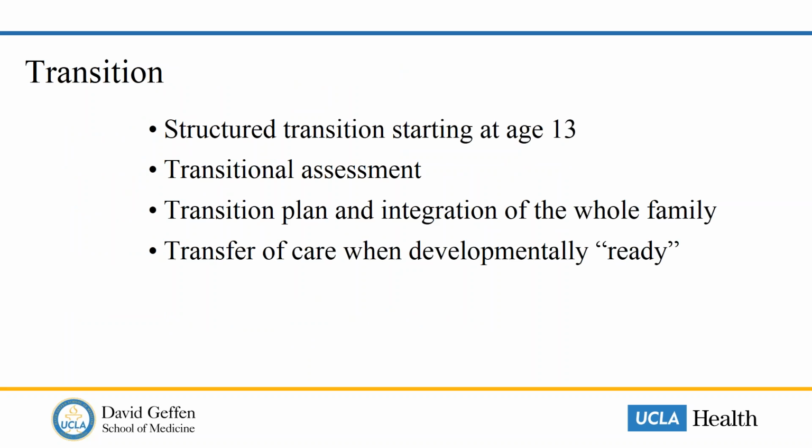We really believe that the transition plan needs to integrate the whole family, that every patient is developmentally different, and that somebody may be ready to transition at age 17 or 18, and other patients may be ready to transition or transfer when they're 21 or 22. We need to be cued in on that and give both the parent and the child, or young adult, the ability to say when they're ready to make that switch over to the adult side, and not force them through a cookie cutter that forces something when it's maybe too early.